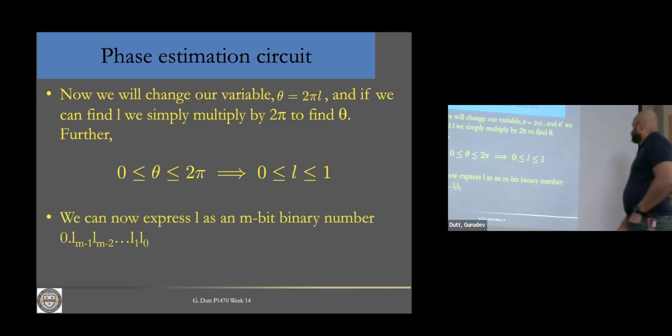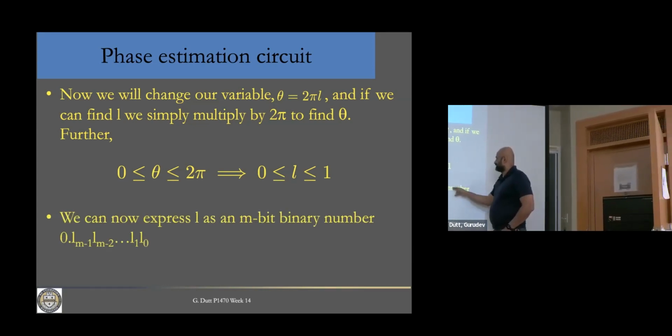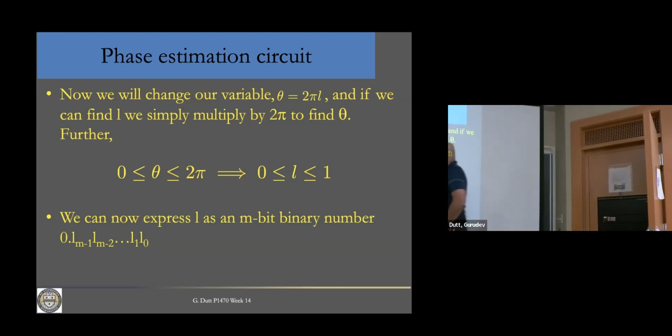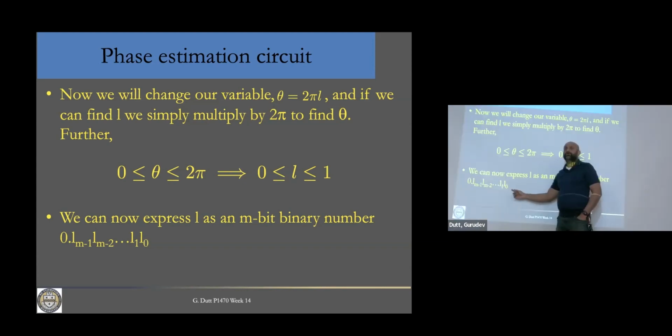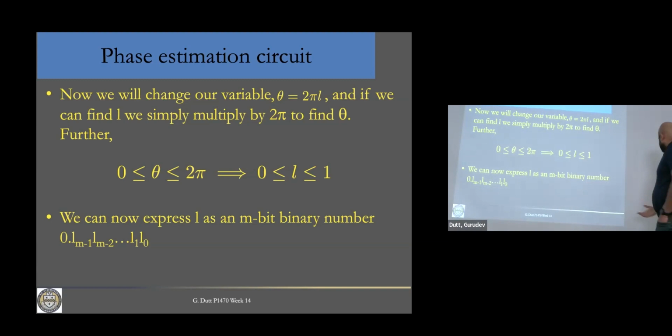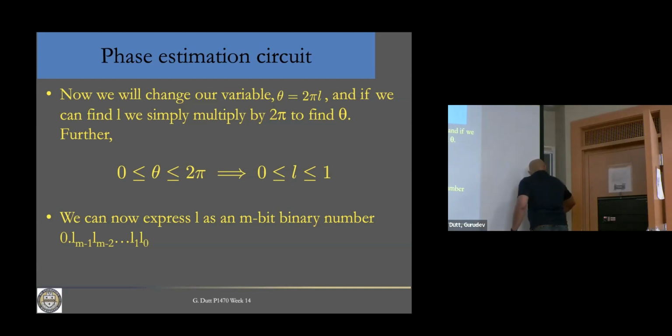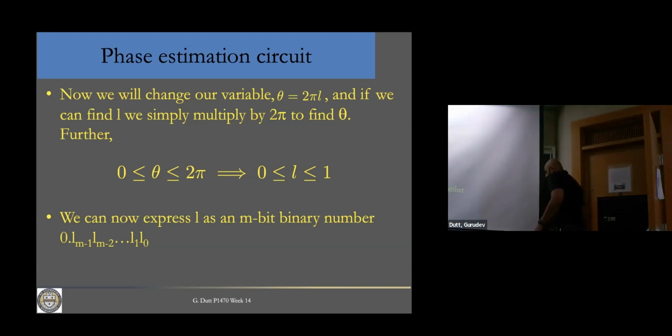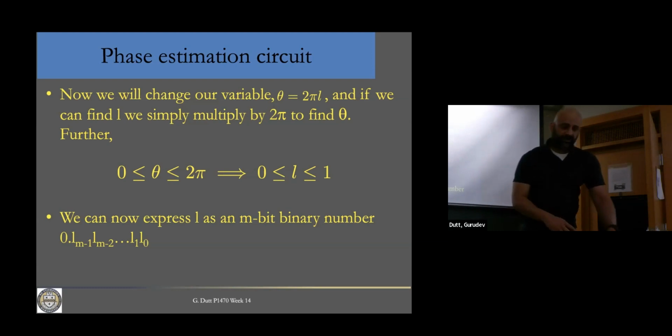Since L is a value between 0 and 1, we can express it as a binary number, which is 0 dot L m minus 1, L m minus 2, up to L1, L0. Again, I'll recall the definition for a binary decimal number.